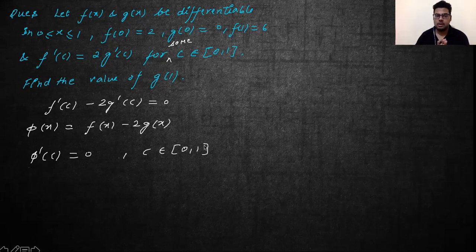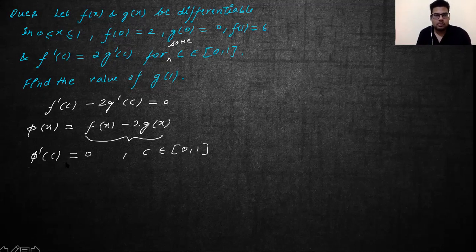This is what we have been given. Now the derivative is 0, so we'll try to apply Rolle's theorem for this, if possible, with f of x minus 2 times g of x. So we'll try to relate it with that.